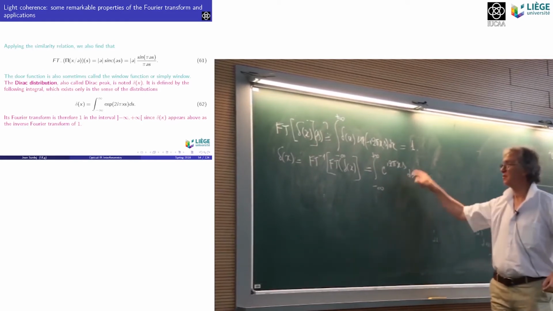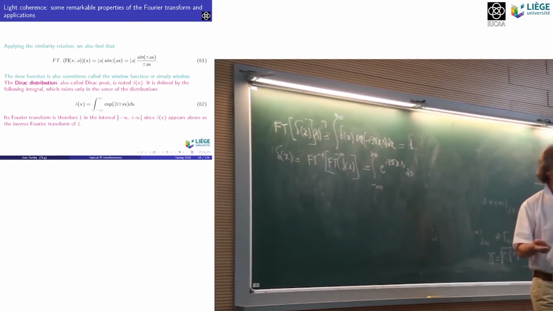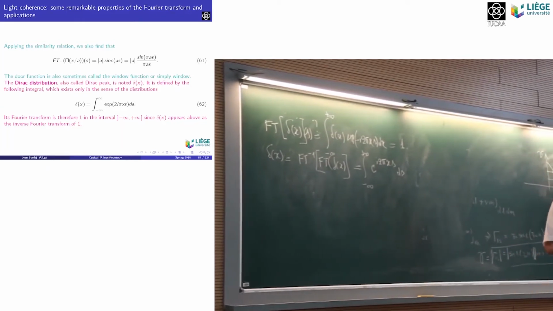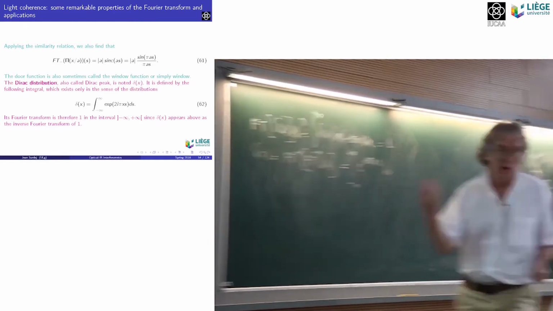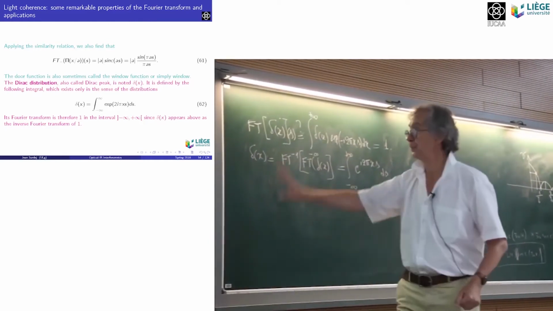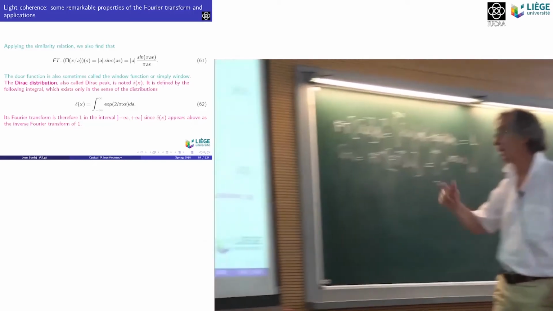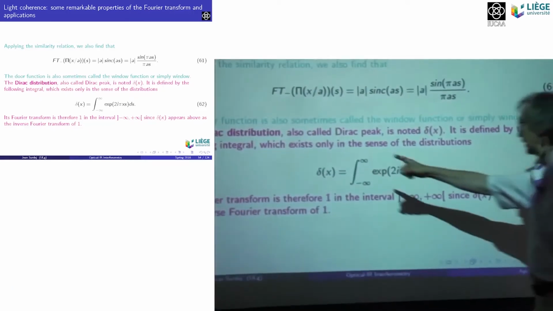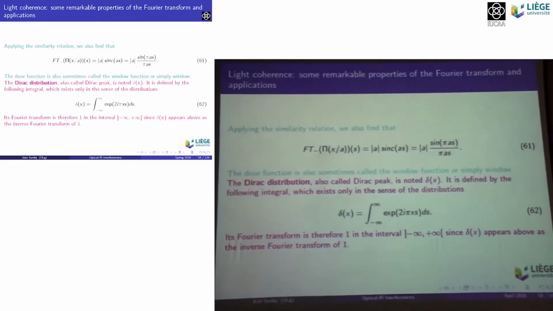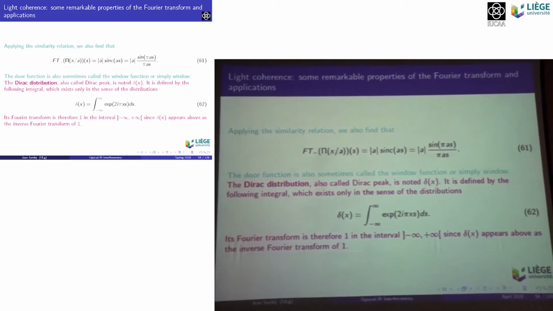And you see, this is a very amazing representation of the Dirac function. Well, this is true for some kinds of distribution. So this is what is shown here, that the Dirac function can be expressed as the inverse Fourier transform of 1. Interesting.